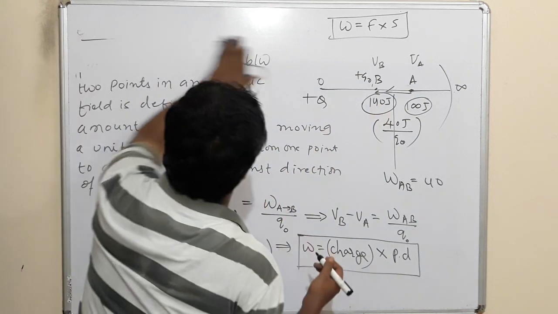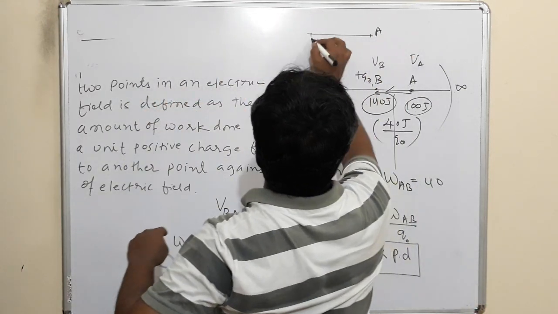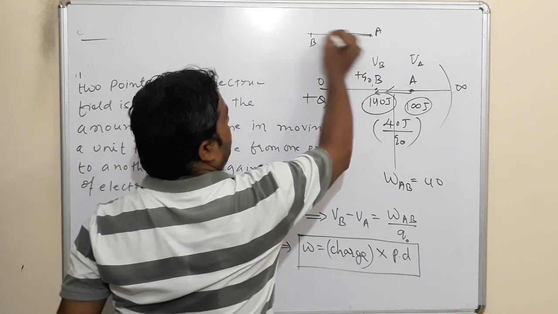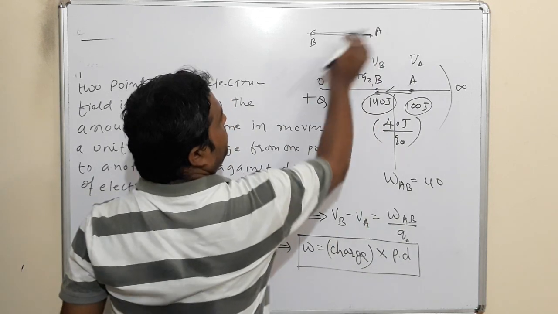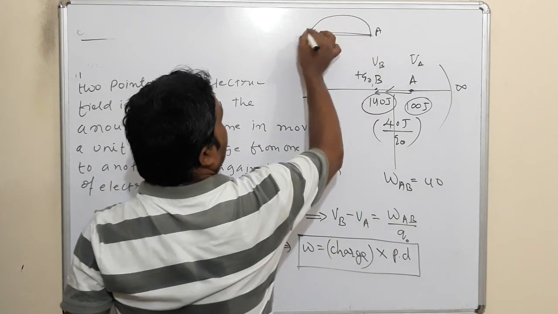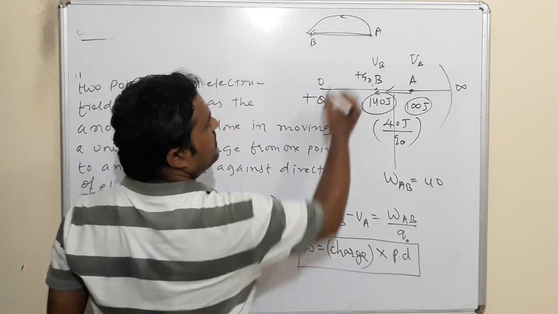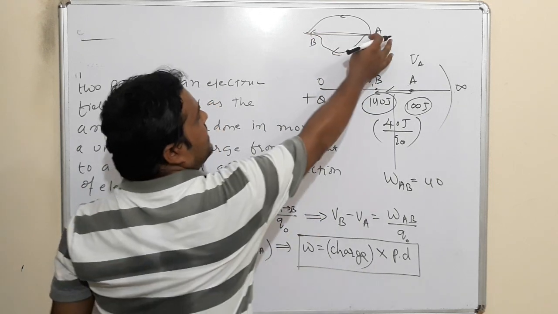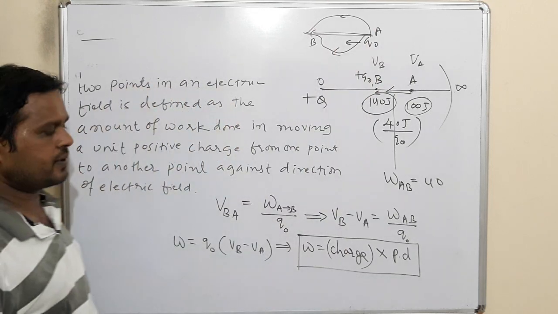See, if I bring the charge from A to B, this is A, this is B, lower potential, higher potential, then charge into potential difference gives the work. If I bring it like this, then also work is equal to charge into potential difference. If I bring it like this, then also work is equal to the charge which we are moving multiplied by potential difference.